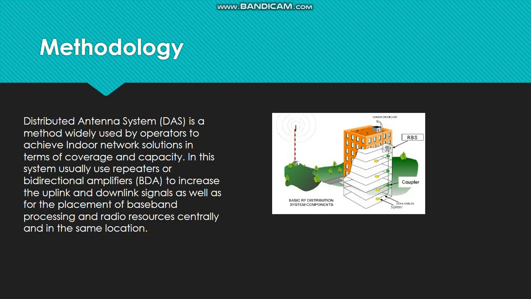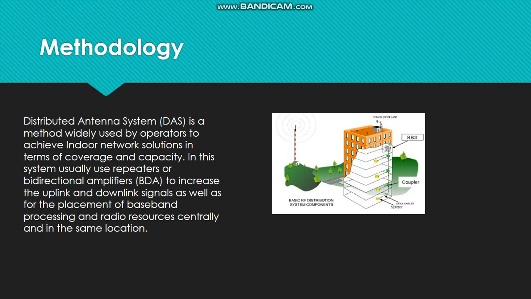In the system, we usually use a repeater or bidirectional amplifier, or BDA, to increase the uplink and downlink signal, as well as for the placement of baseband processing and radio resources centrally and in the same location. So with this method, we place the antenna and the BDA in the same place.